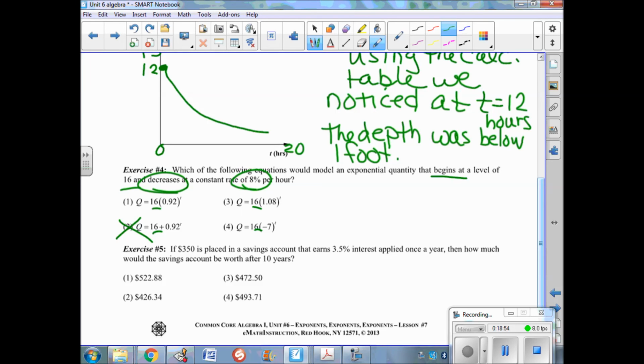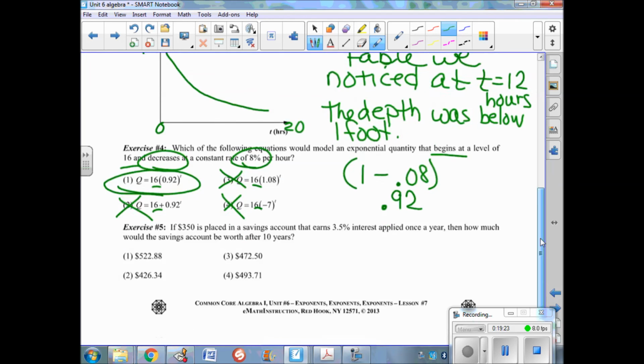Number 3, so it's decreasing. So what's happening inside that growth rate? It's 1 minus, and 8% as a decimal is 0.08. So then what is that growth rate? It's going to be your 0.92. So that one's growth. Randomly minus 7, that doesn't make any sense. There we are, winner, chicken dinner.